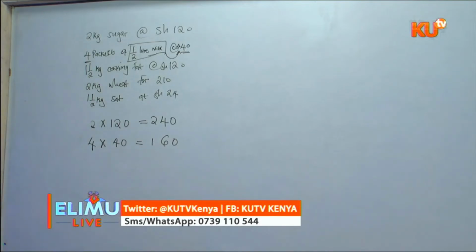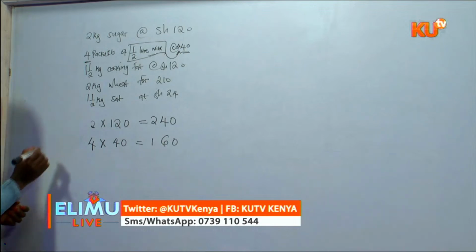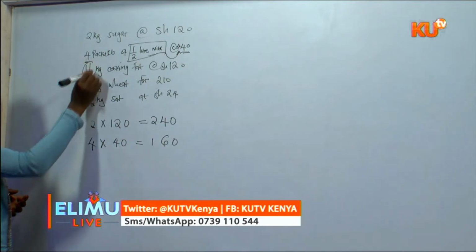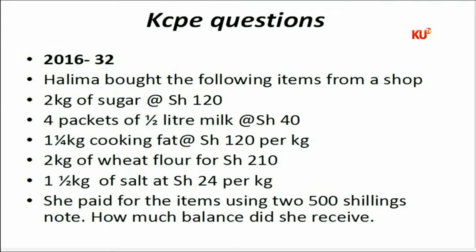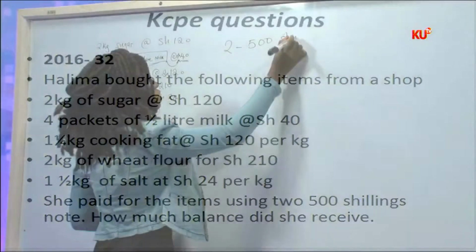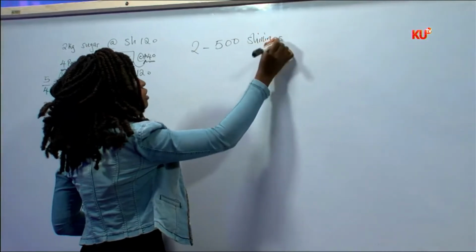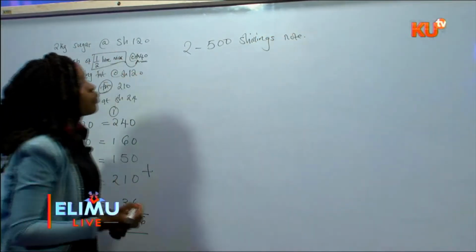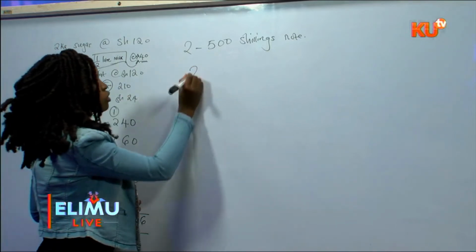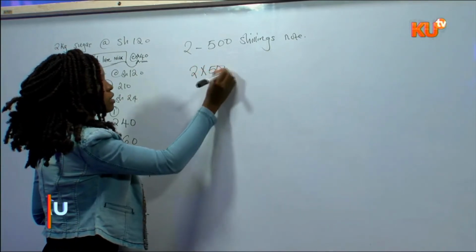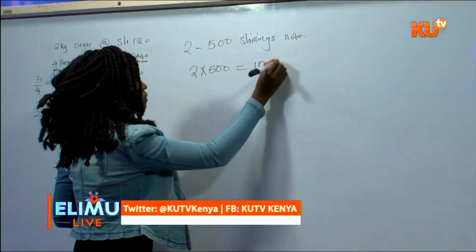Then we have 1 1/2 kgs cooking fat at 120 shillings. She paid for the items using 2 500 shillings notes. So we get the total amount of money that she used to pay. 2 times 500, we get 1,000.